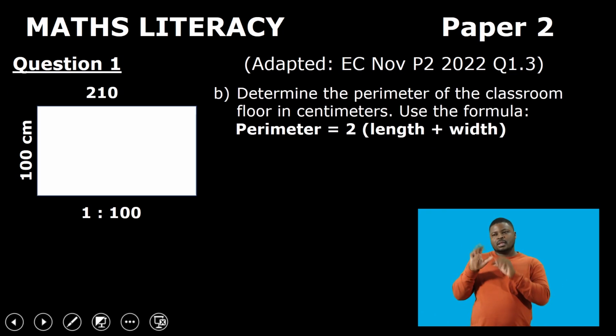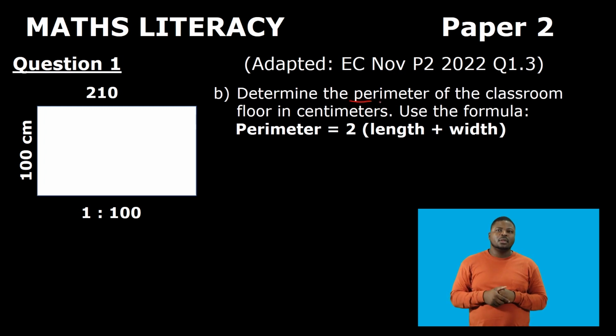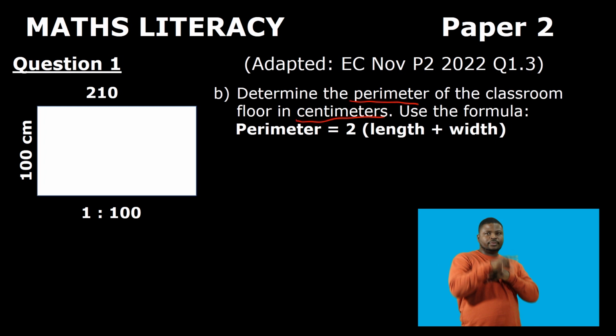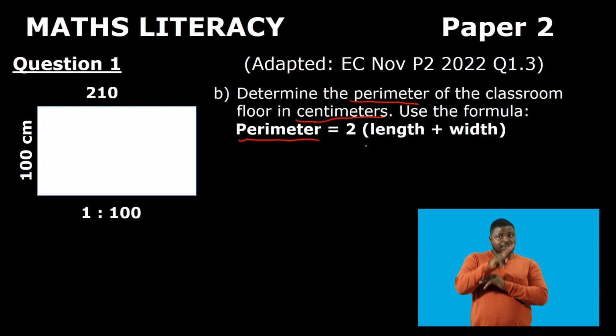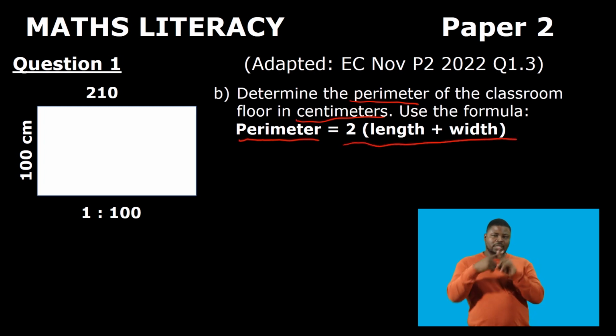Let's look at another question. Determine the perimeter of the classroom floor in centimeters. Use the following formula. Now remember, they will always give you a formula. In this question, perimeter is 2 times (length plus width). Now, a common error is to substitute a multiplication sign instead of addition.